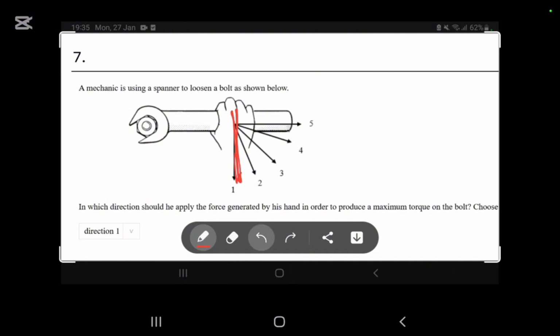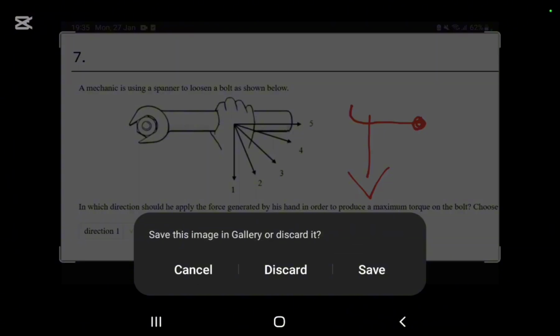Let's give an example of a doorknob. So to apply the maximum torque, we just need to apply the force in a direction perpendicular to the pivot.